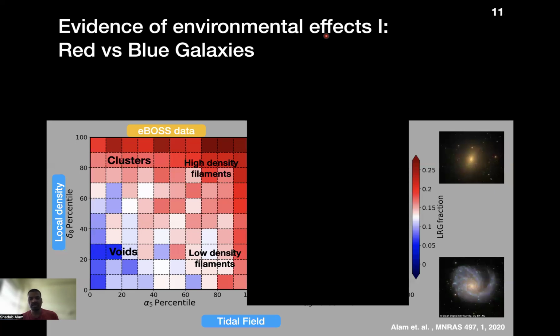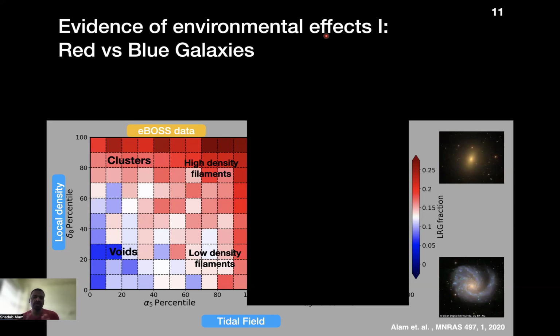So one example is, let's say if you take a survey called eBOSS, if you're not familiar with that, the eBOSS survey is very well explained on their web pages. But essentially it's a cosmology survey which targeted two different kinds of galaxies, red and blue galaxies, or luminous red galaxies and emission line galaxies.